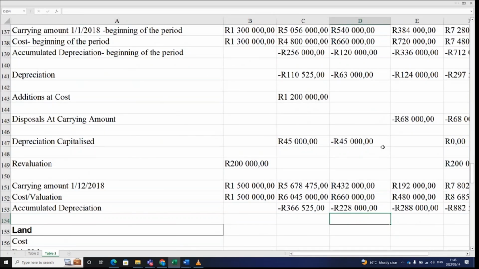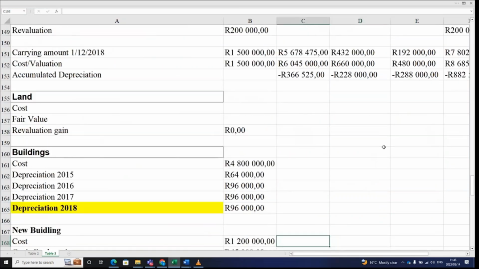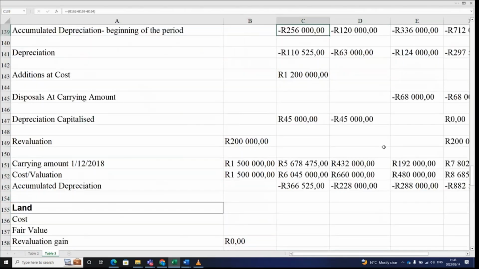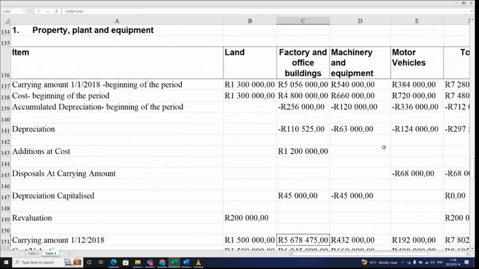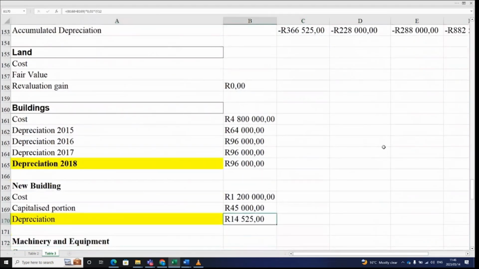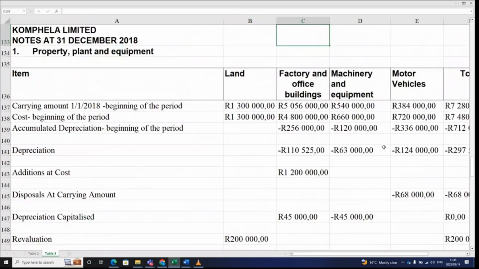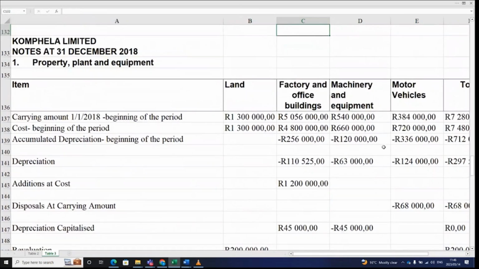The calculations can be laid out differently, like you see over here with my buildings. Have it nicely referenced, this building here, working that out over here, and then the new building as well, I'm working it out over here, nicely referenced so that the marker can know what it is that you're doing.